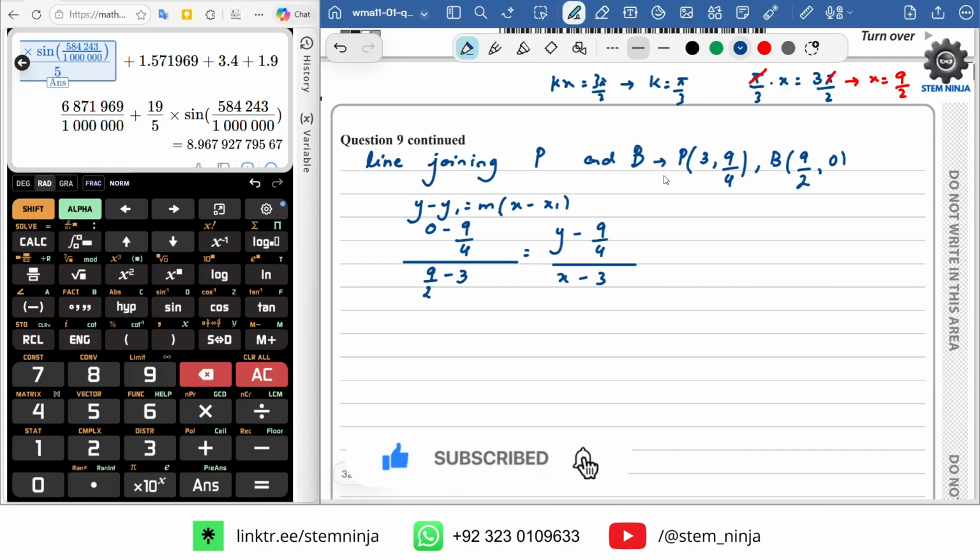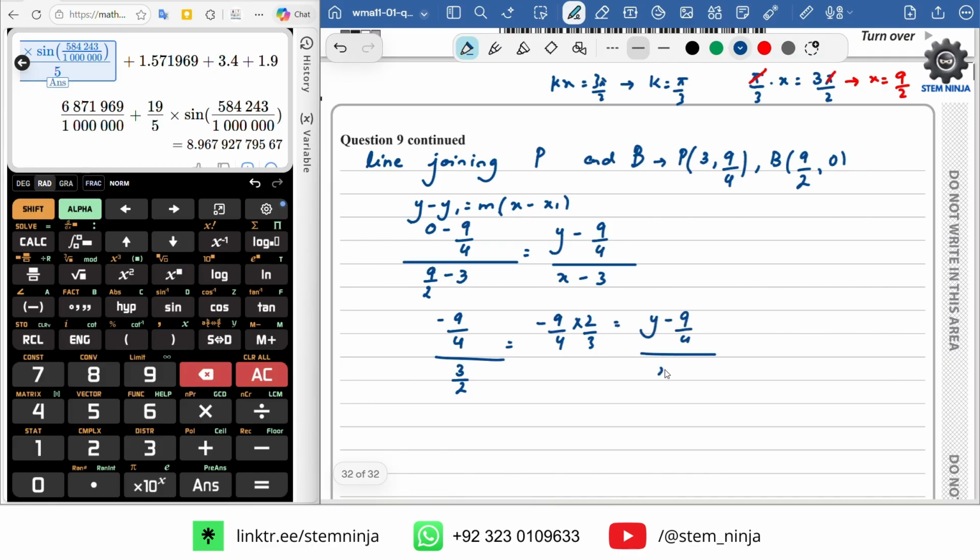Okay, right. So we just cross multiply now. I think we could simplify this side first. So minus 9 over 4 divided by 4.5 minus 3, that is 3 by 2. So this becomes minus 9 over 4 times 2 over 3, which is minus 3 by 2.